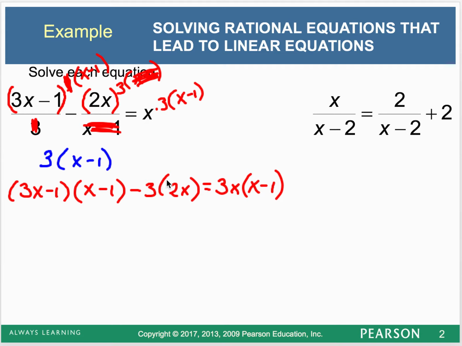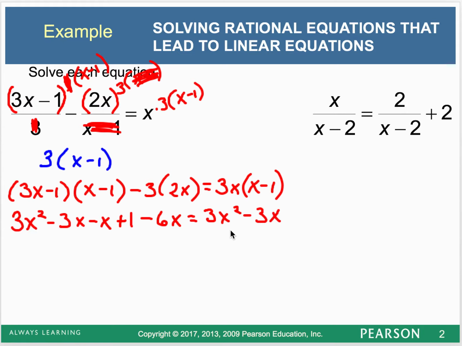Okay, so first step is always, let's get rid of these parentheses. Let's distribute here. So we wind up with 3x squared minus 3x minus x plus 1. Okay, minus 3 times 2x is minus 6x equals 3x squared, distributing again, minus 3x.